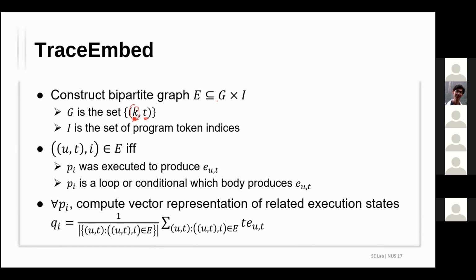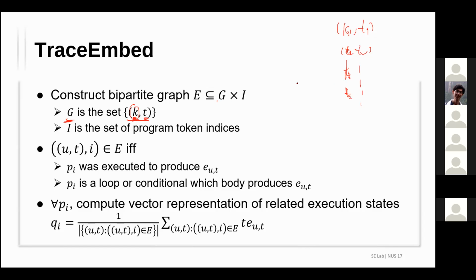Since it is a graph, how does this look, and is there a structure between the input and the trace? So it's a pair: K1 T1, K2 T2, etc. And the other part is the program lines, based on the candidate program itself. So maybe this is instruction 1, instruction 2, and they will have a bipartite graph here and try to match them.